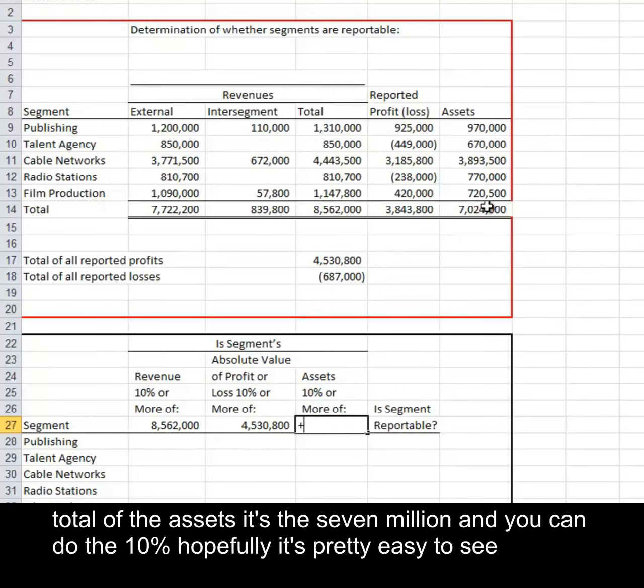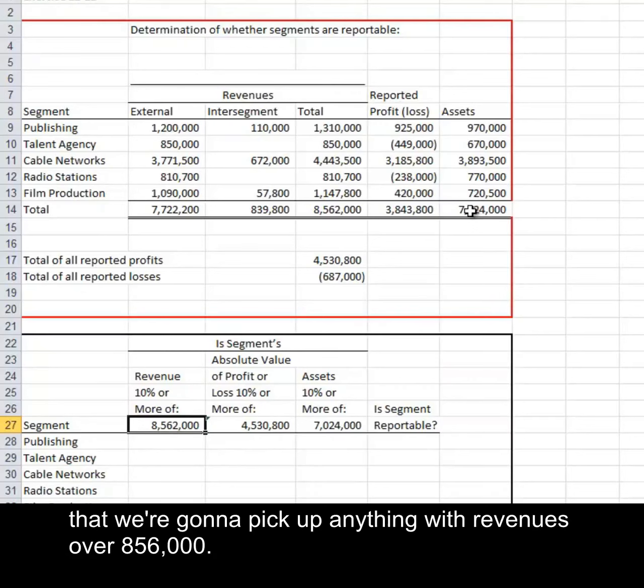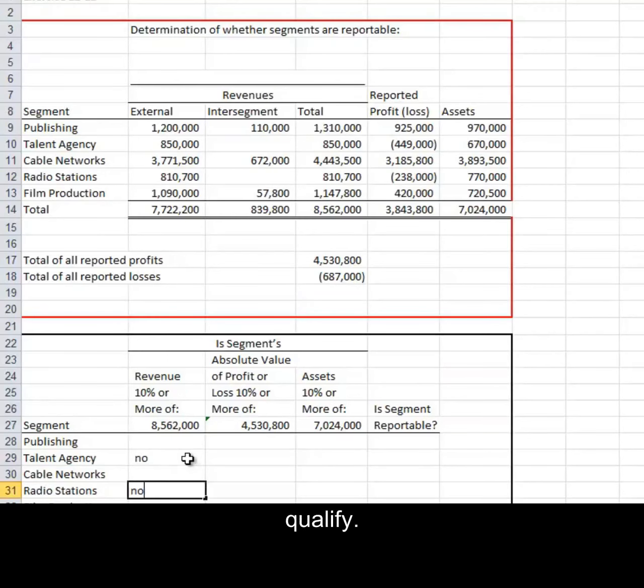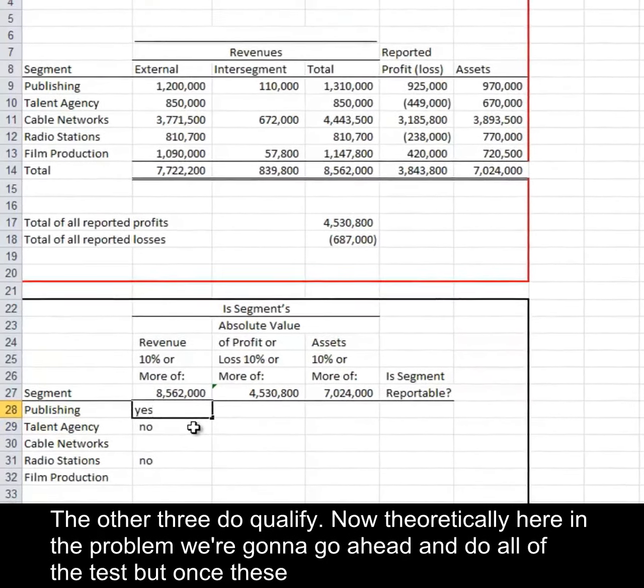And then for the total of the assets, it's the $7 million. You can do the 10%, hopefully it's pretty easy to see that we're going to pick up anything with revenues over $856,000. So if we look at our revenue column here, we see that talent agency and radio are the only ones that don't qualify. The other three do qualify.